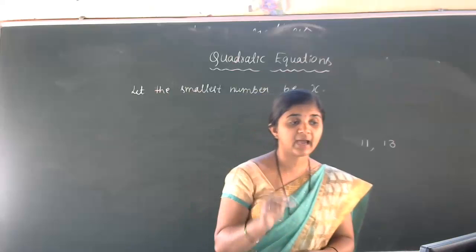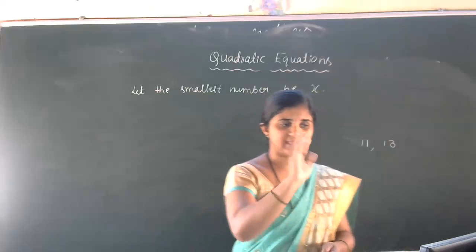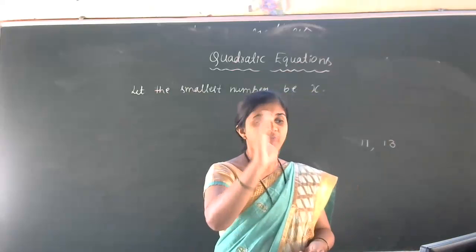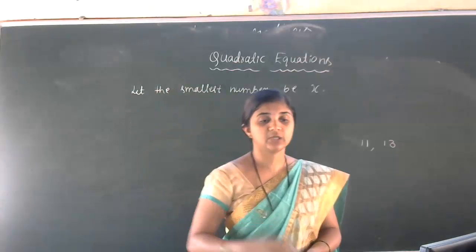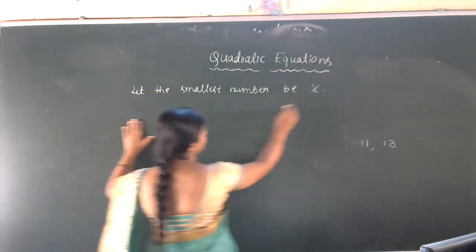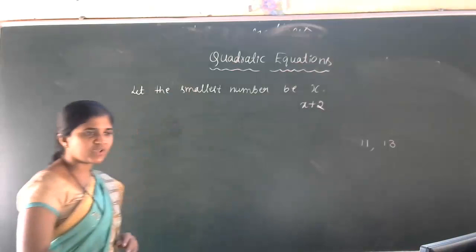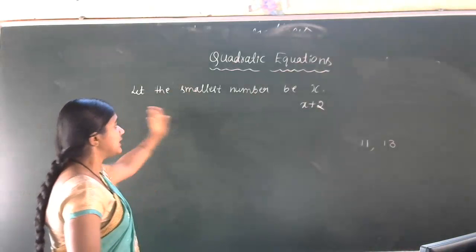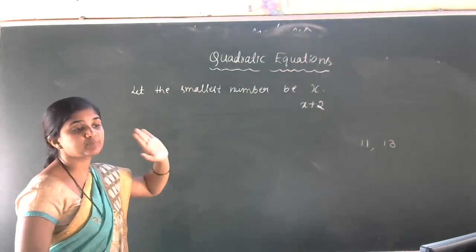But here they have mentioned positive odd integers, like 11 and 13 or 15 and 17, so the increase is 2. If the first number is x, the other number is x plus 2. Got the idea of the two numbers?